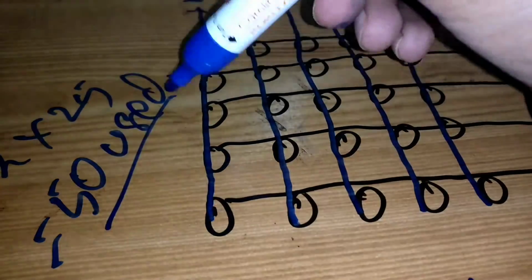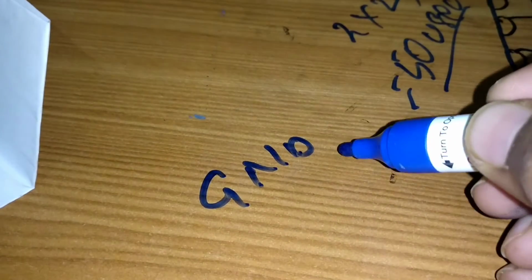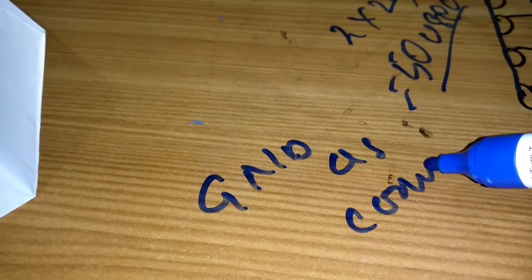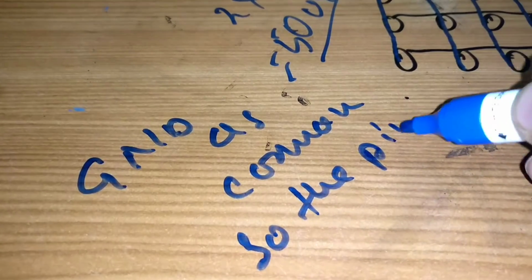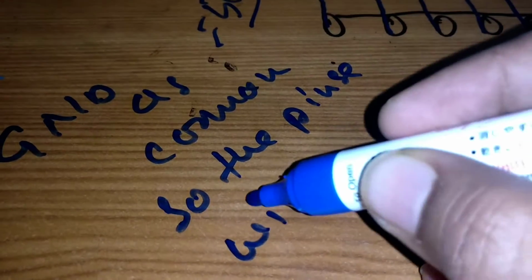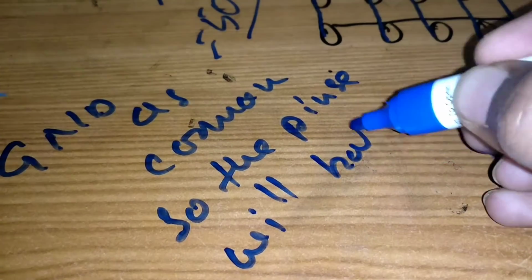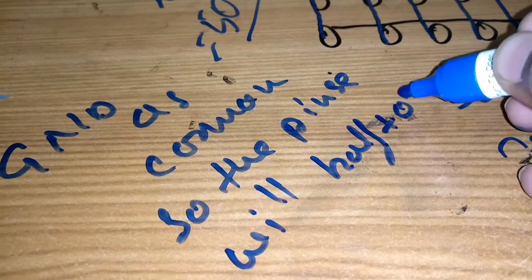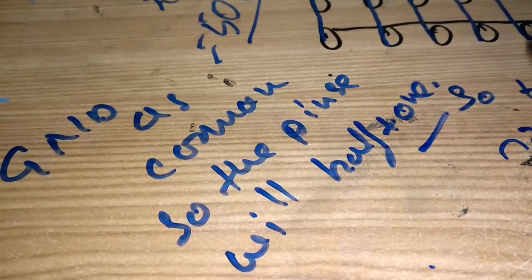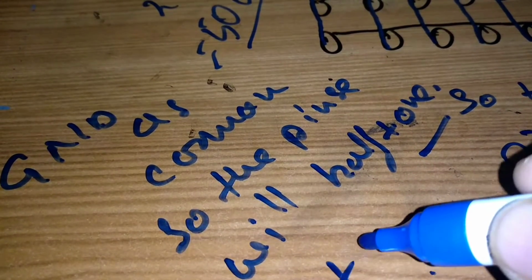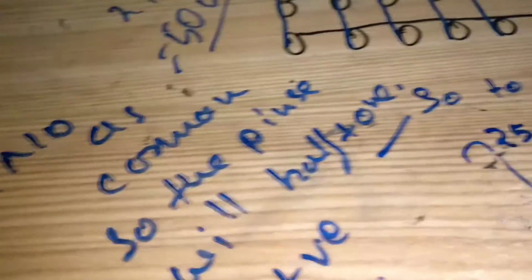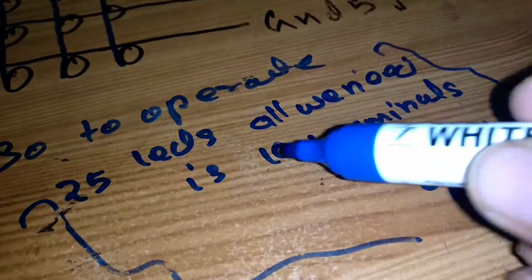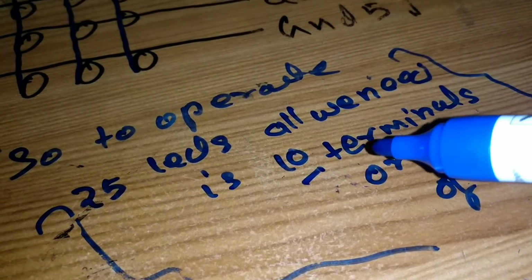Or if we consider ground as common, the pins will be half plus 1, because ground will be common for all the LEDs, and when we give positive to any one of the LEDs, then that LED will be glowing. But reduction to 10 terminals of pins will be more comfortable.